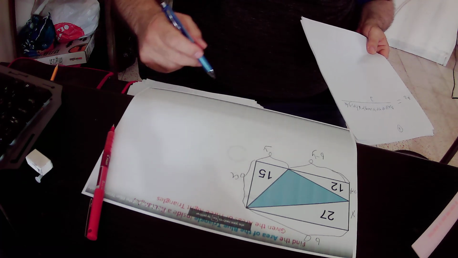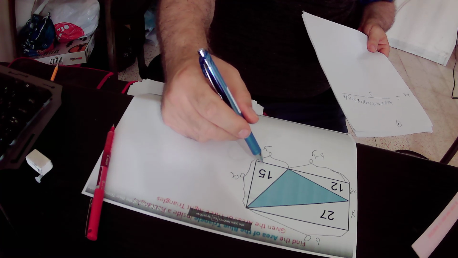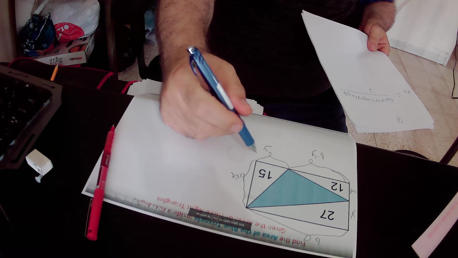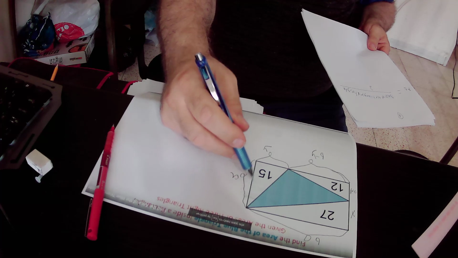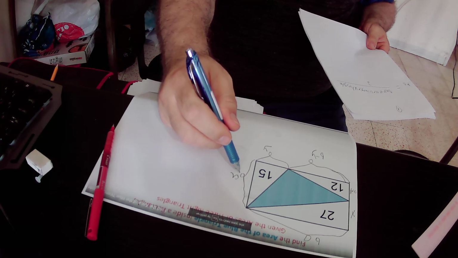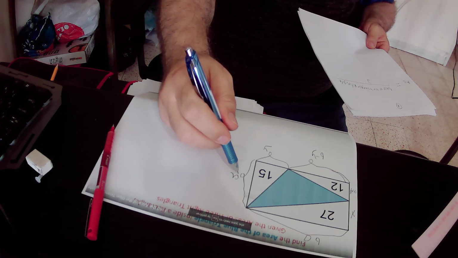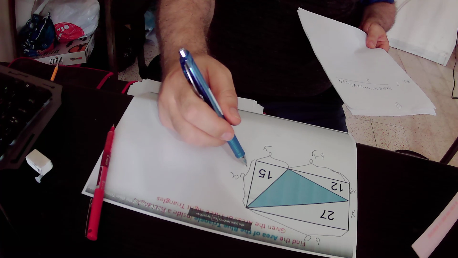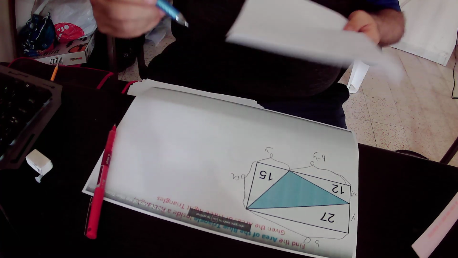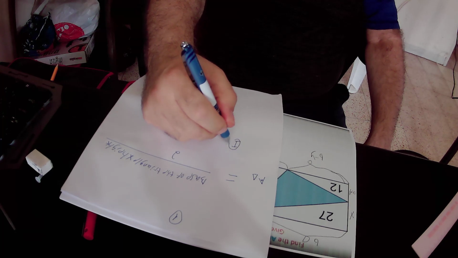So the formula of this triangle's area will be its base times its height divided by 2. That is to say, its base is y, its height is a, so it's y times a divided by 2.